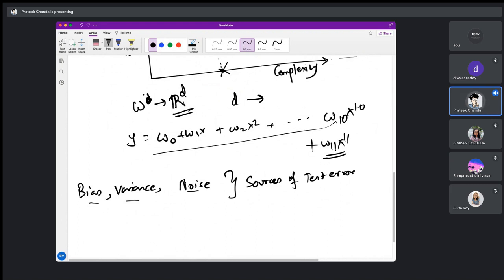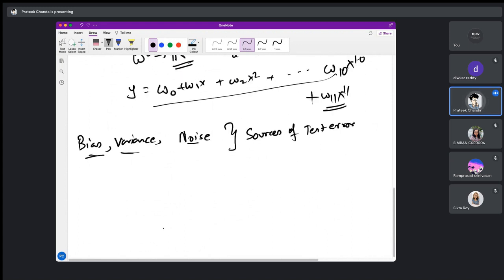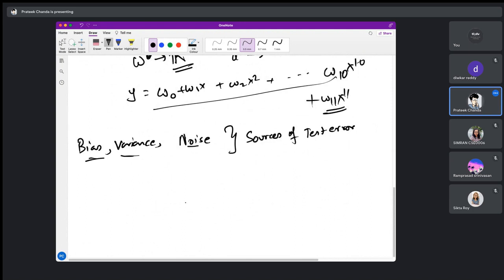This bias and variance, these errors actually depend upon the choice of the model. Let me give you an example. Let's say I plot this. I have data points like this, and my true function would be a curve like this.